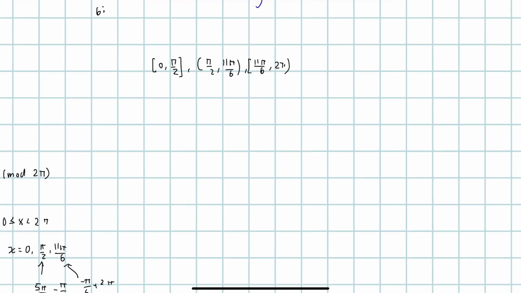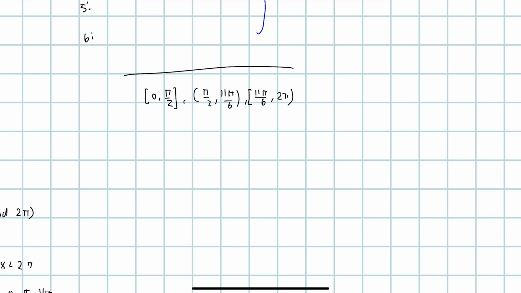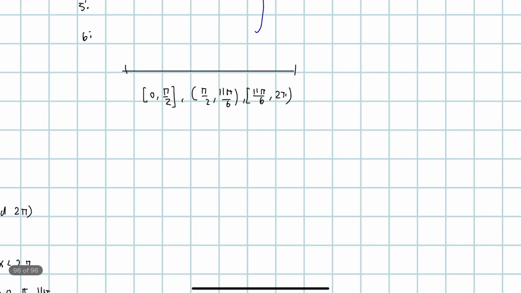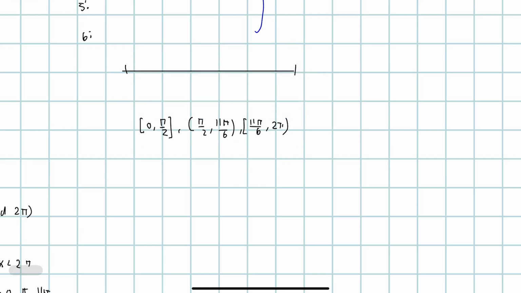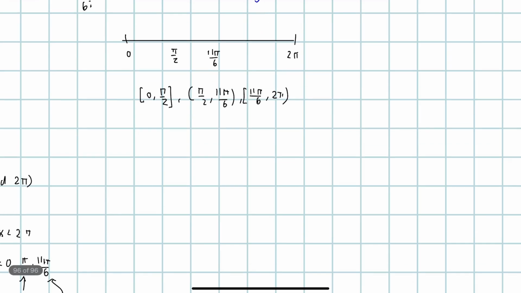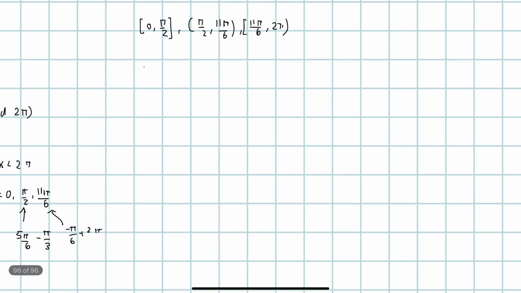And for our signs, we can label this after we do our test points. So we have 0, pi over 2, 11 pi over 6, and then 2 pi, and then we can test some of our values. For 3 intervals, we will have our x values.